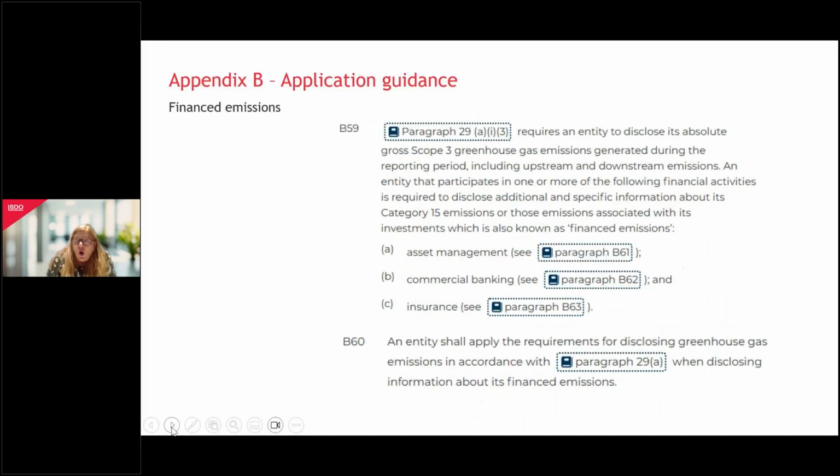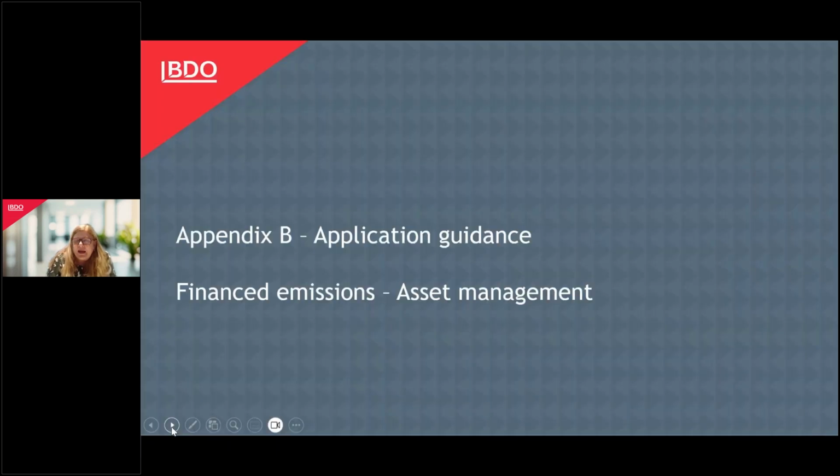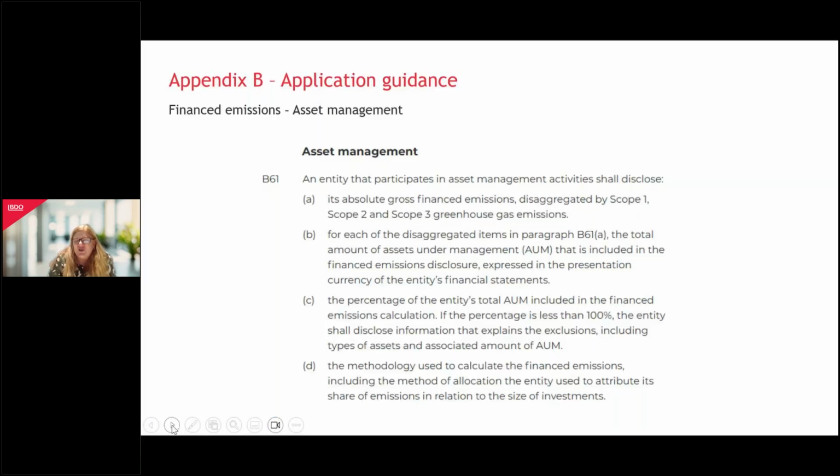Then they go on in this appendix, and it's a mandatory appendix. It's not an optional extra. They talk about financed emissions when you're in asset management. So what do you have to disclose? They say an entity that participates in asset management activities shall disclose the following.